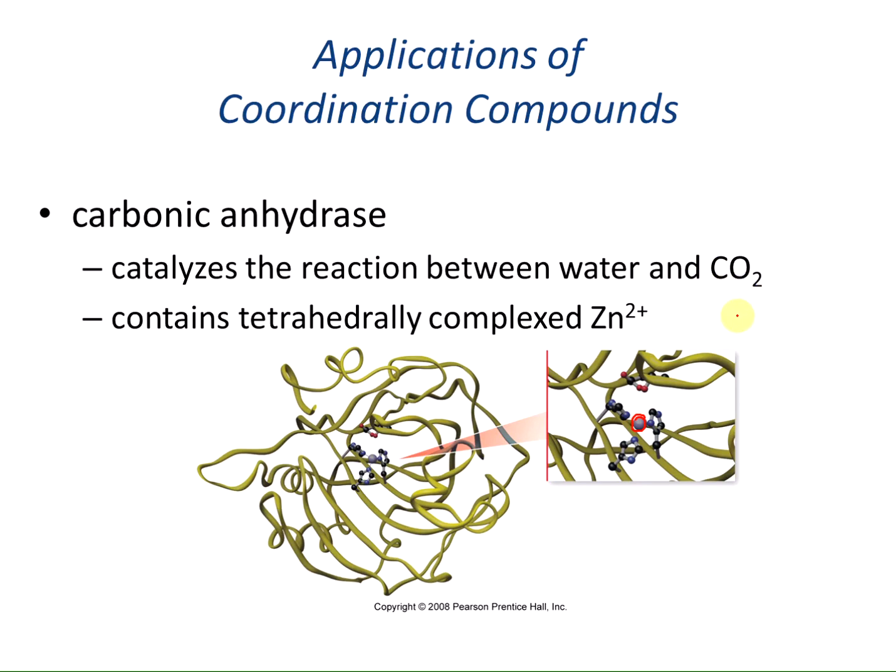Carbonic anhydrases are one of the fastest known enzymes, and enzymes are just biological catalysts, so it catalyzes that conversion between water and CO2. So it helps control the pH of your blood. Carbonic anhydrases are also very useful in other biological systems. For example, it also helps control the pressure in your eye.